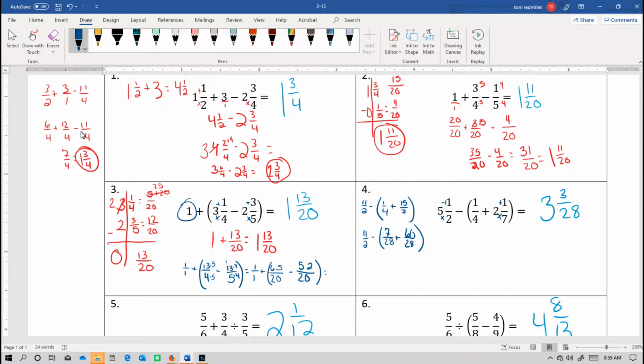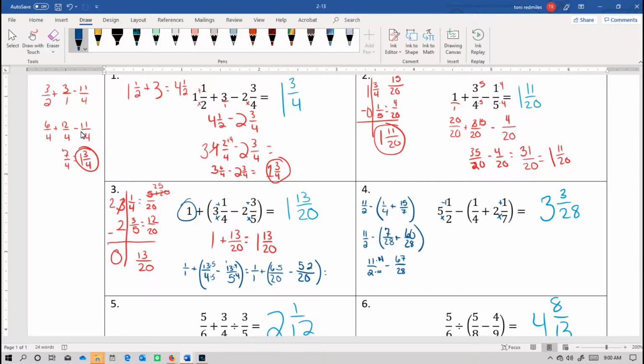All right, so now I need to add my fractions, which gives me a 27 over 28. Common denominator of these two is going to be 28, which means I have to change this one. It's going to be times 14. That is going to be 140 plus 11 more, 151, I believe.